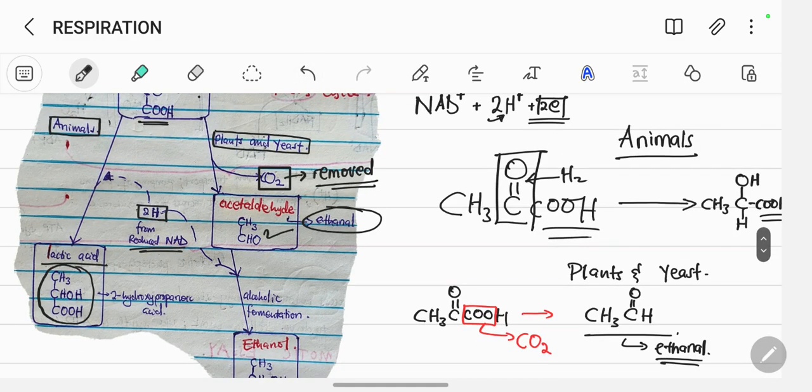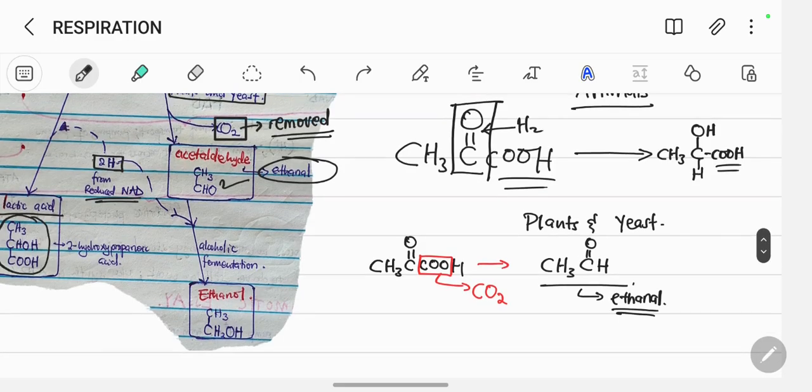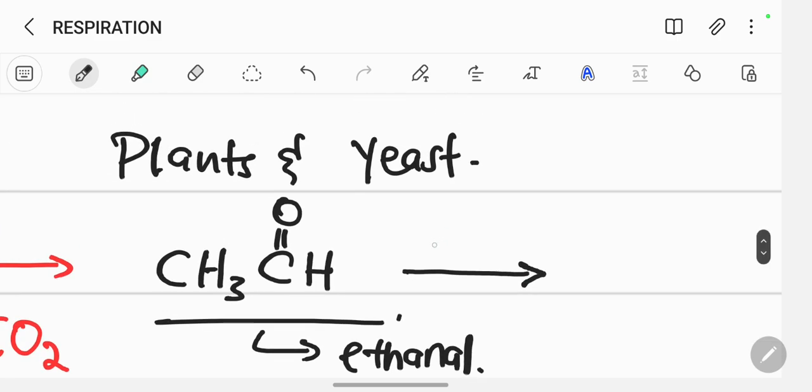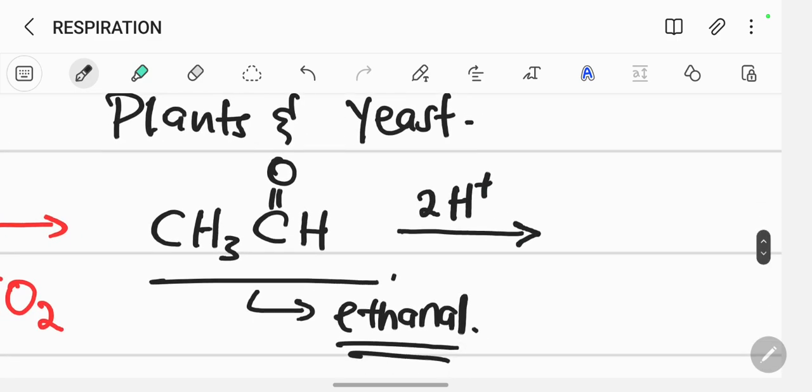So from our ethanol, remember that now NAD has nowhere to put these hydrogens except bringing them back to our ethanol. So ethanol is an aldehyde. Aldehydes can be reduced. So we bring these two hydrogen ions and add them to our ethanol.